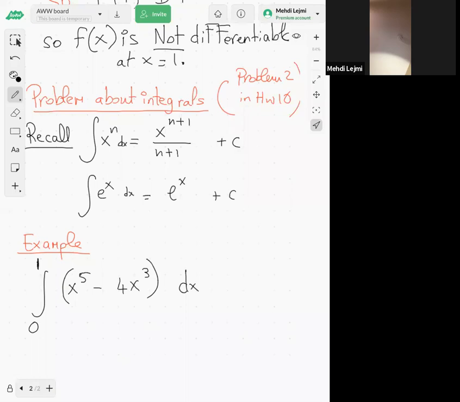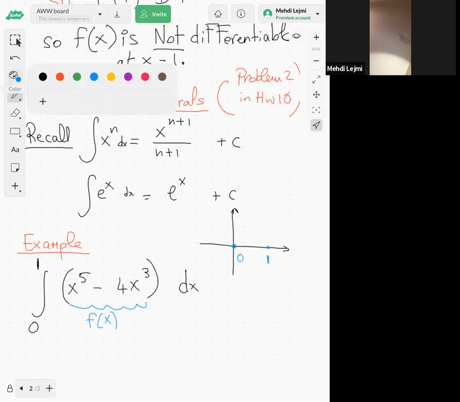Let me remind you of the geometric interpretation of this definite integral. You take the function f of x. Here's 0, here's 1, and you have some function f from 0 to 1.